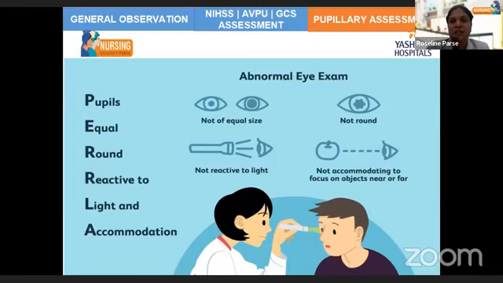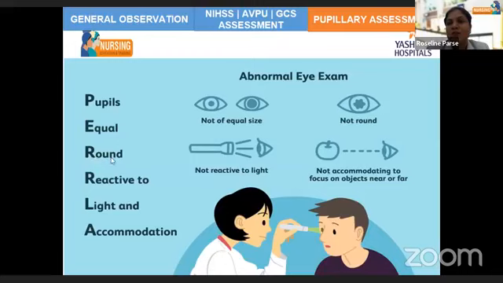Coming to the pupillary reactions. Normal pupillary response is depicted as PERRLA: P for pupils, E for equal. So both the sides, when you focus the light, the reaction of the pupil should be the same. It should be equal.